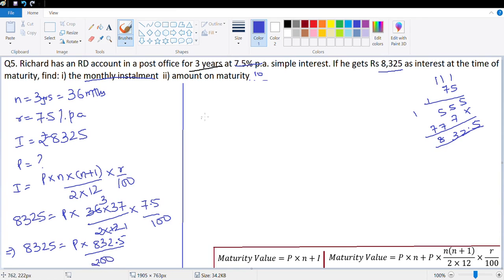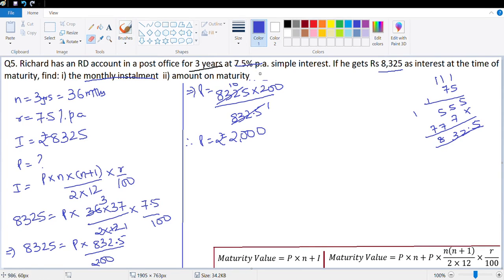So this is 200, which means P is equal to 8325 multiplied with 200 upon 832.5. This is 1, this is 10. Therefore, P is equal to rupees 2000. So that's my answer. Principal is rupees 2000.